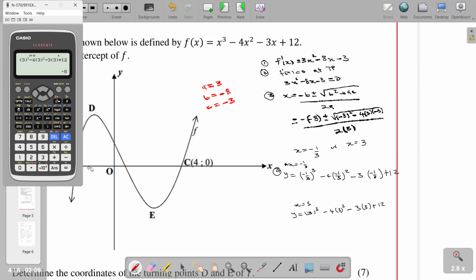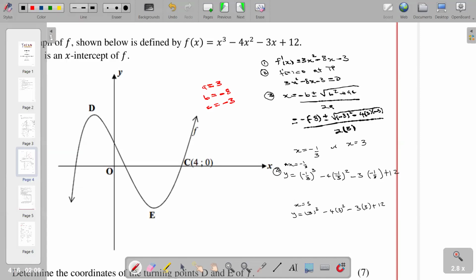So eventually, you would realize that when we substituted negative 1 over 3, we got 338 over 27.